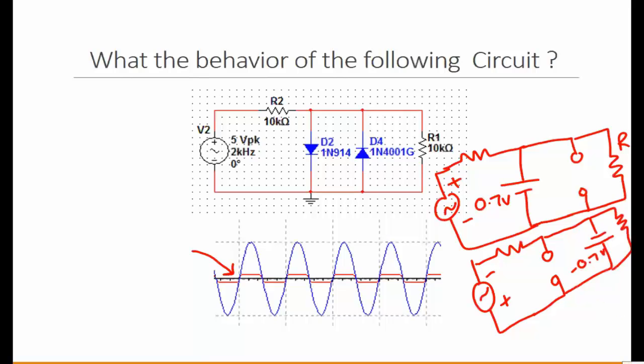Usually when you have two diodes back to back in parallel, you would expect that both sides will be clipped accordingly. But even in this case as well, the clipping level you always get is 0.7.